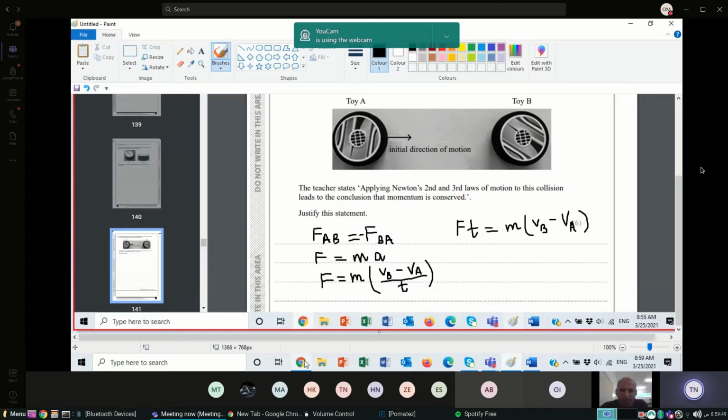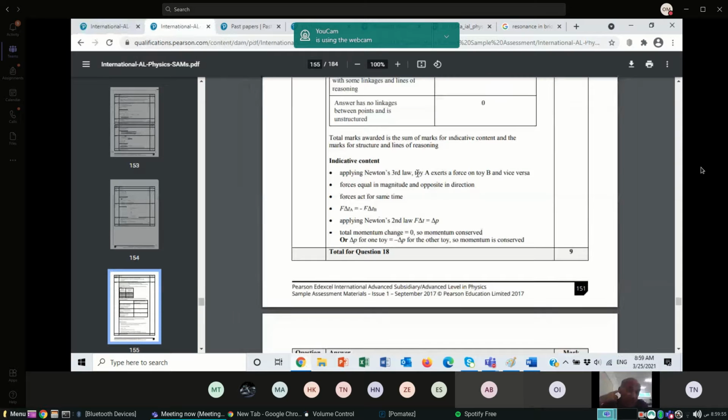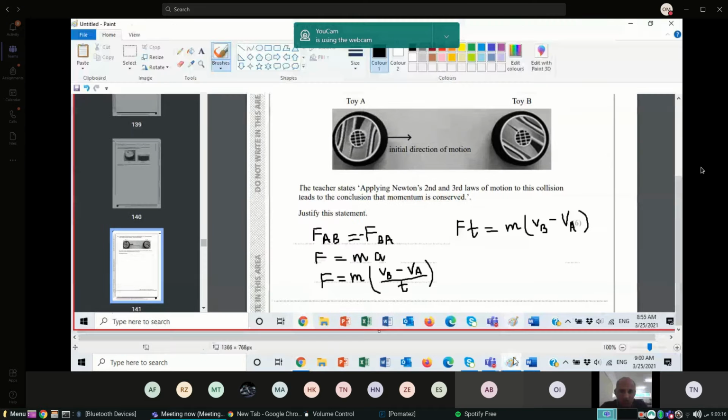So apply Newton's third law: force is equal in magnitude and opposite in direction. 3 marks for writing this, which is half the marks. So just this equation, if we write it, means 3 marks, because the forces are opposite, minus sign, and the forces act for the same time.